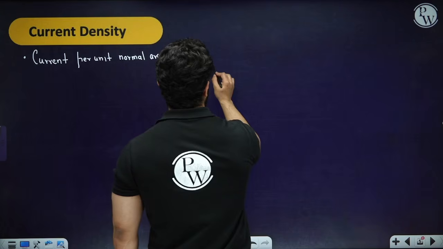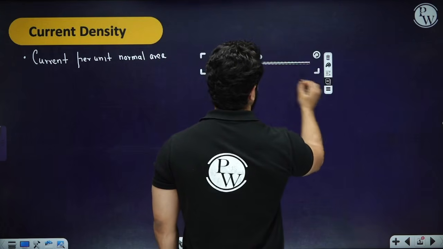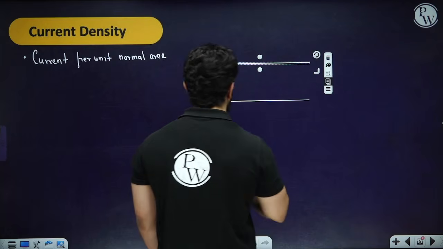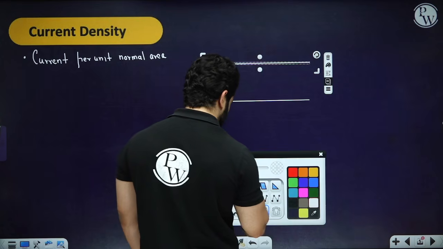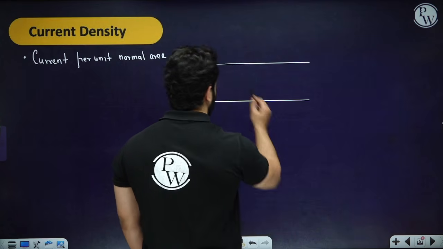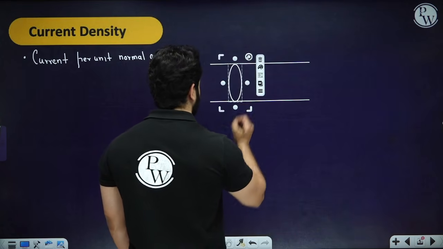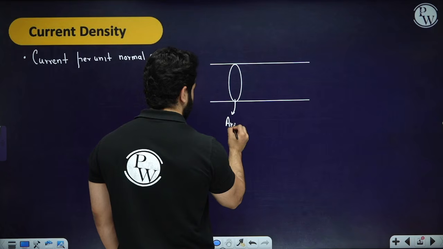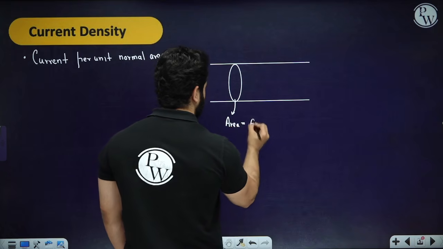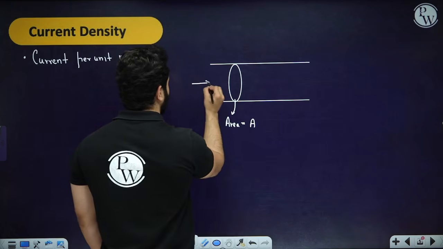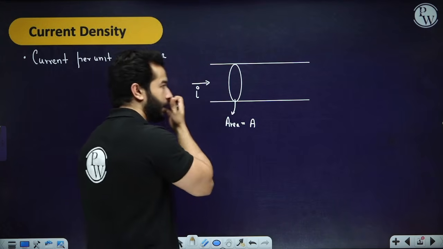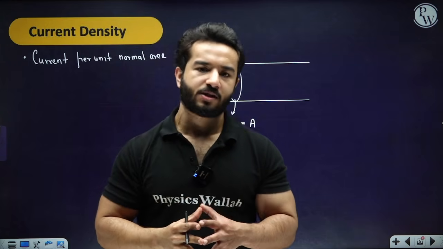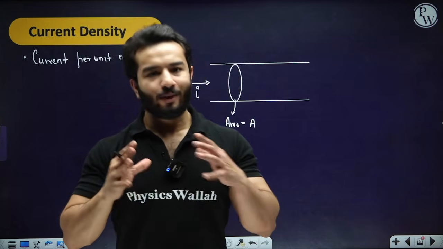Let's suppose we have a wire, and this wire has a cross sectional area of A, right? Let's suppose the current flowing through this wire is I. No matter what happens with the shape of this wire, the current will always remain the same.